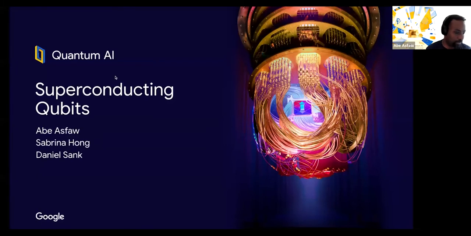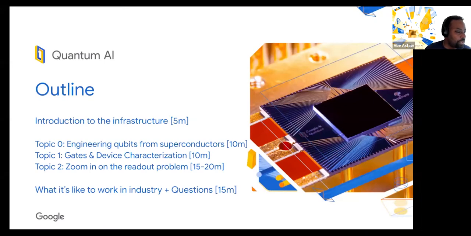All right, so let's get going. Today we're going to be talking about superconducting qubits, and the group here is all from Google Quantum AI. In the interest of saving time, I'll start very quickly on these slides. The outline of this conversation is that we'll first go through an overview of the infrastructure used to drive quantum computing with superconducting qubits, just broadly speaking.